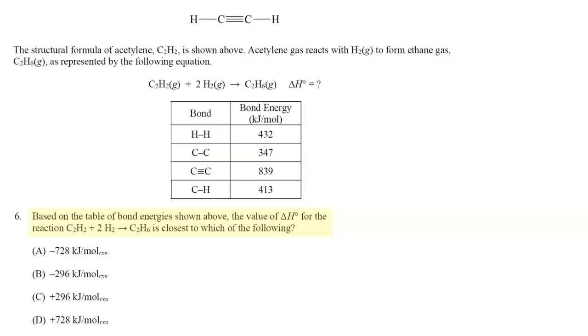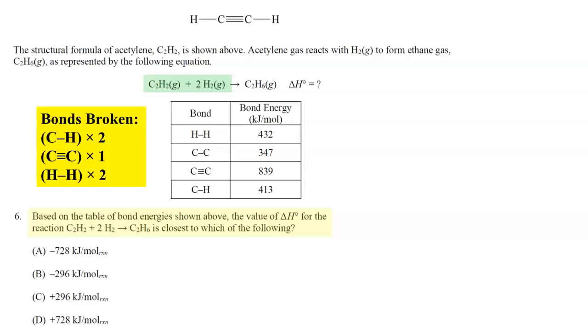Now let's focus on the reactant side of the equation. So on the reactant side of this equation, we have 1 mole of acetylene, C2H2, and we have 2 moles of hydrogen, H2. So now let's make a list of all of the bonds that are broken in this reaction.